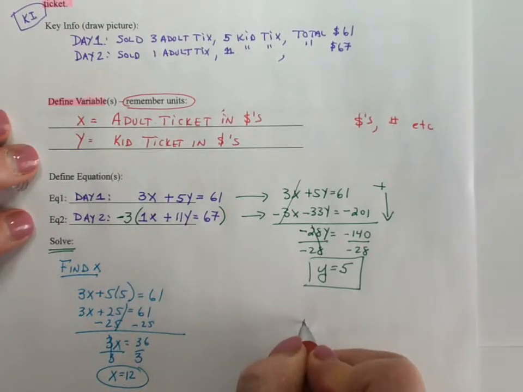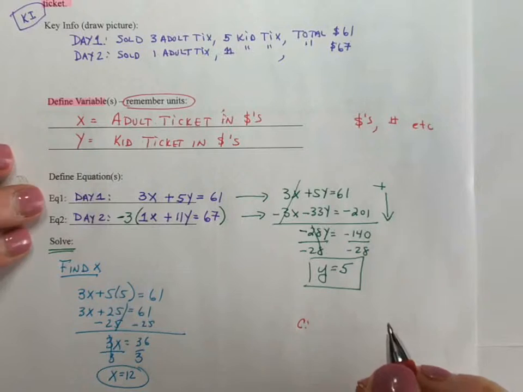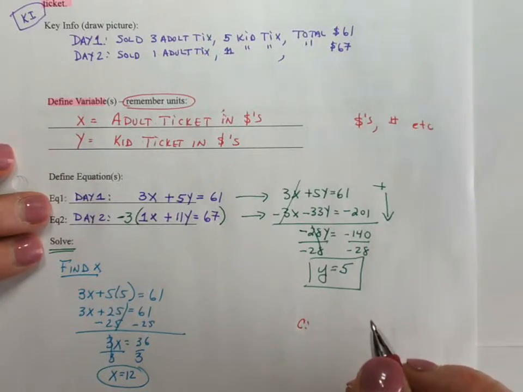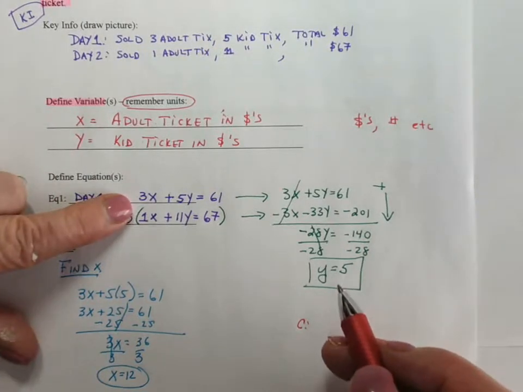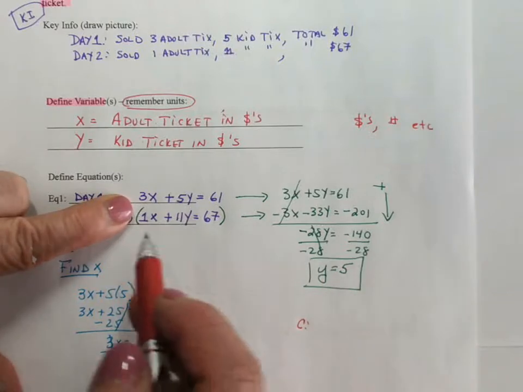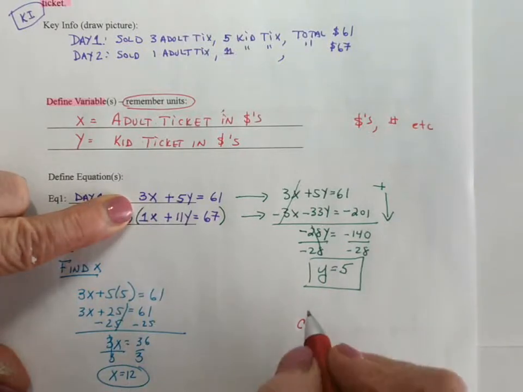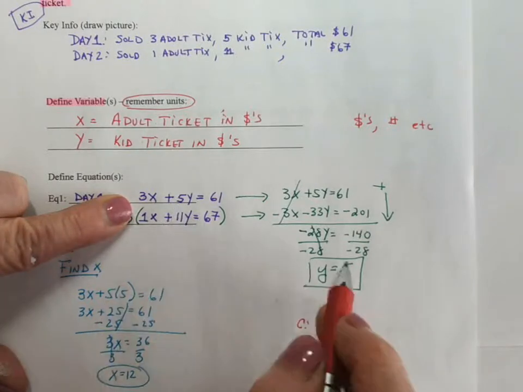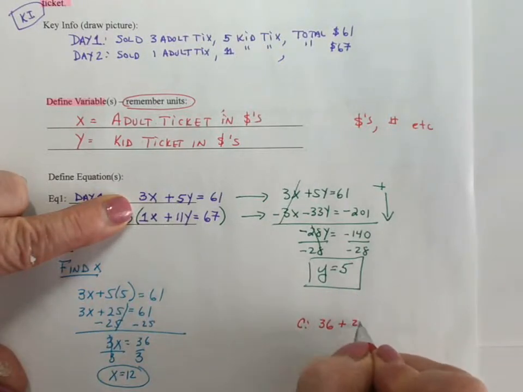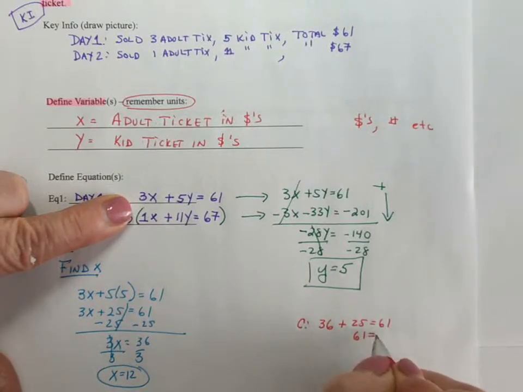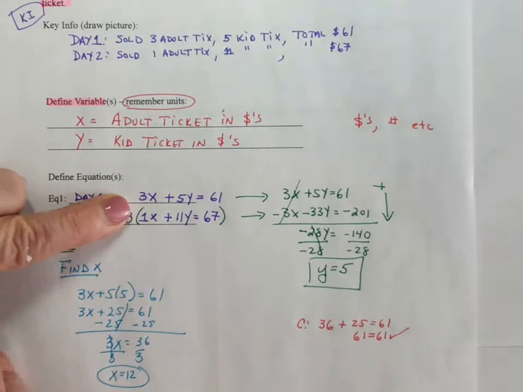But we're going to either use your handy dandy calculator or just check it to make sure you have it right. 3 times 12 is 36. 5 times 5 is 25. 36 and 25 is 61. Cha-ching, it checks.